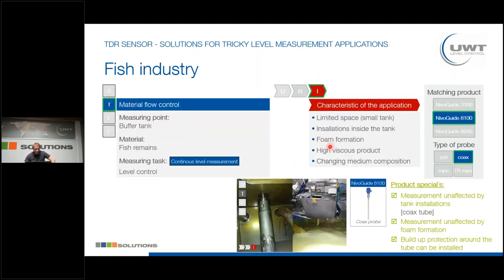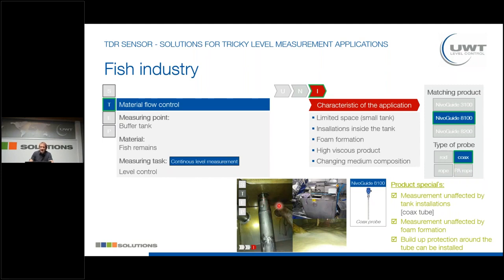And another one, a really extreme application, was what you can see here. So in fish remains, we had to control the material flow in such a small vessel here. And this is how it basically looked inside. So we had installations inside the tank on the left, on the right side. So what we did, we used the coax probe. And what we also had was this sticky material, the fish remains.